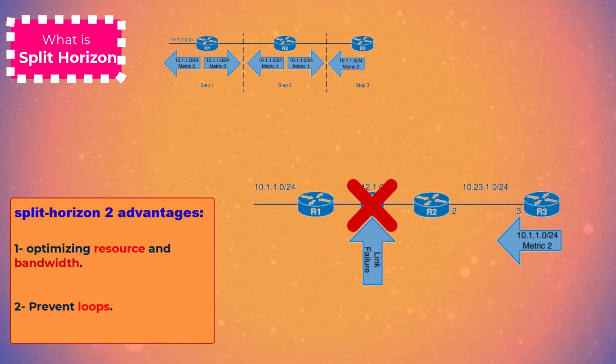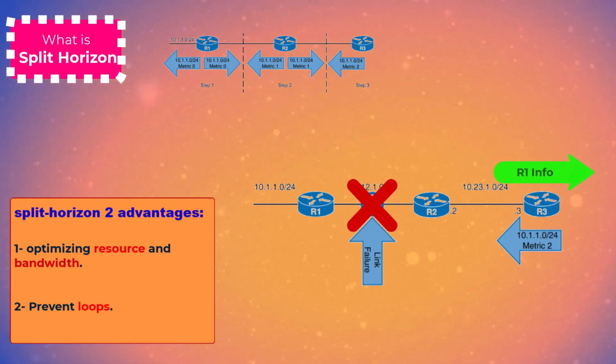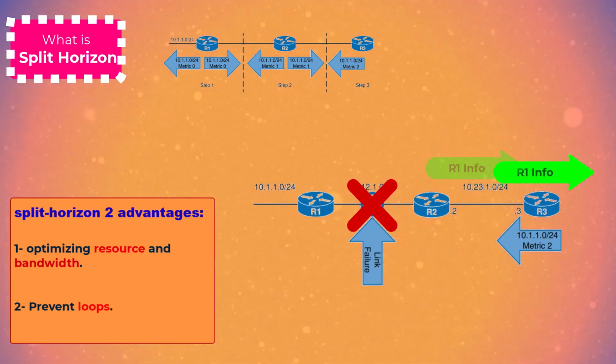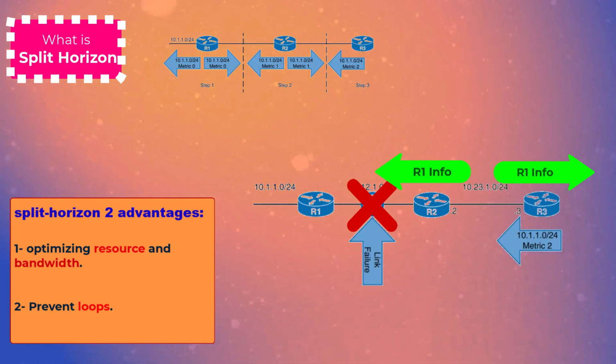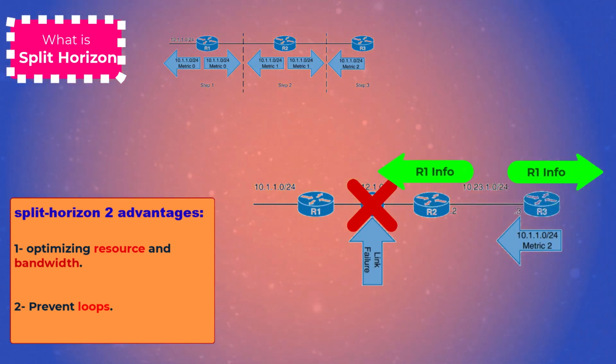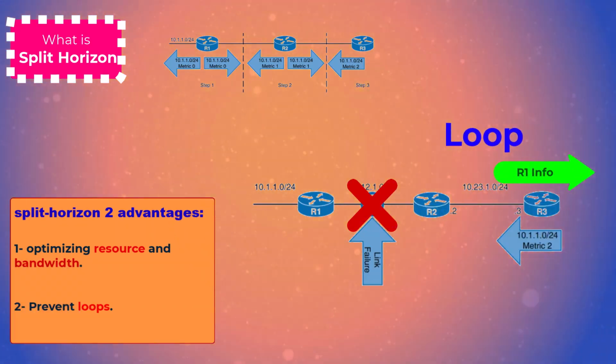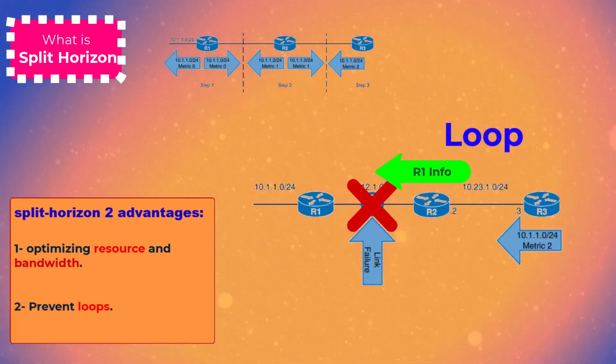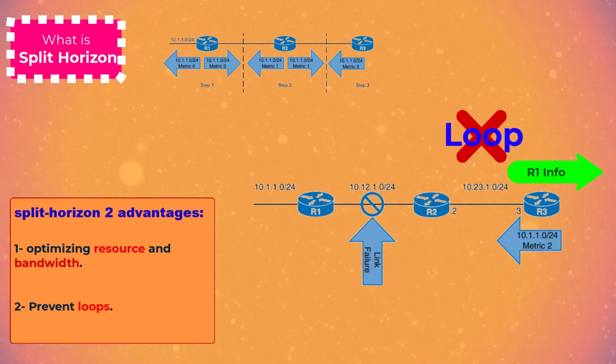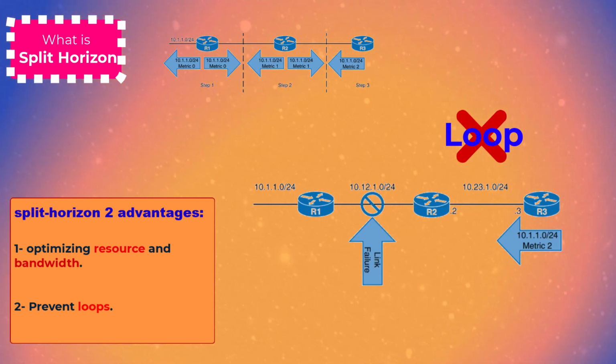Here is what happens: the duplicate information about router 1 between router 2 and router 3 is transmitted forever. So it's going to be a loop. But split horizon prevents loops from happening in networks.